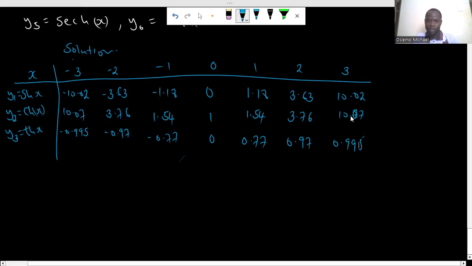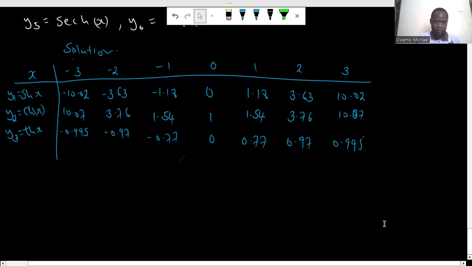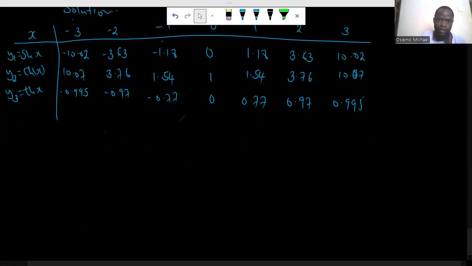So I just go to GeoGebra. Let me see how they look. But even before you go there, you can have a sketch, and then you can draw a perfect graph from the other end. So let me just have one graph here.